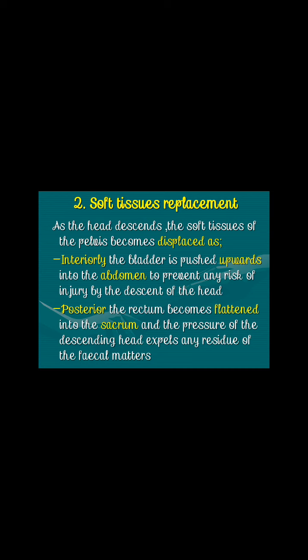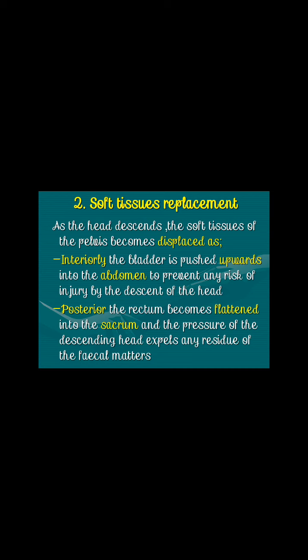Anteriorly, the bladder is pushed upward into the abdomen to prevent the risk of bladder injuries by descent of the fetal head. As the head continues to descend downward, the bladder is pushed upward into the abdomen. Hii ni kusaidia kwamba bladder isije ikawa injured kipindi kile kichwa kinashuka.